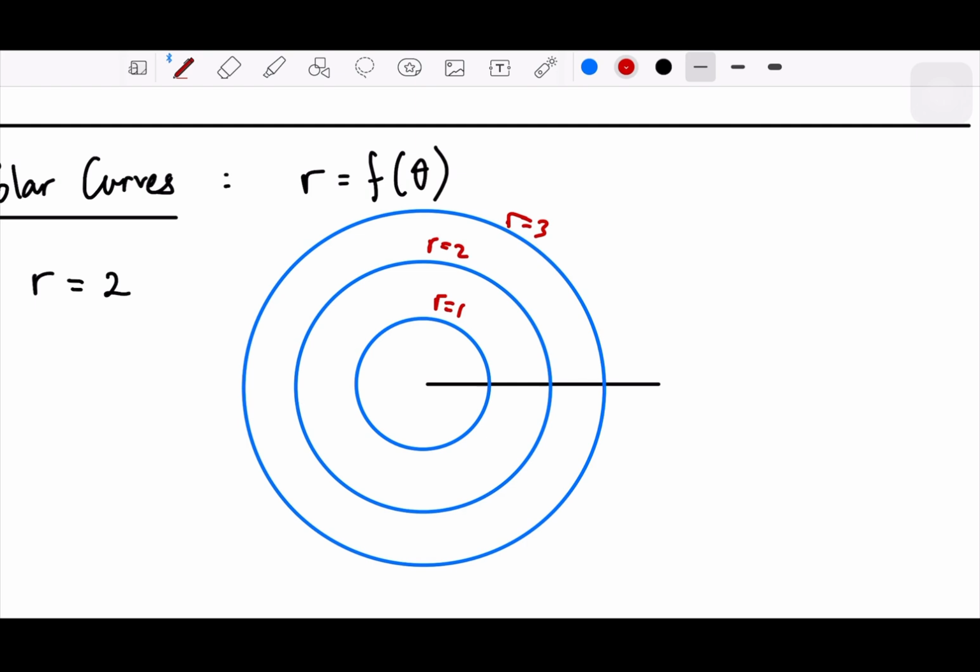And usually, if Cartesian is based on rectangles, this is how polar should be.